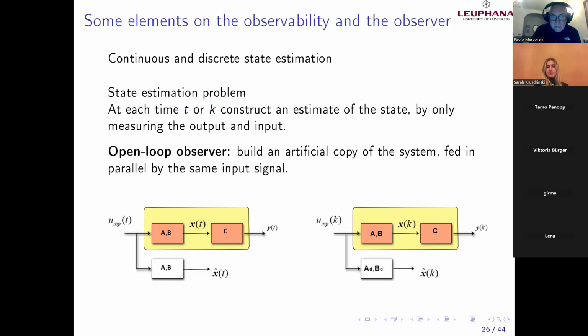Another important consideration: assuming that this yellow block with A, B, and C represents, please pay attention here, in an extremely abstract way, the real system. It represents exactly the real system.